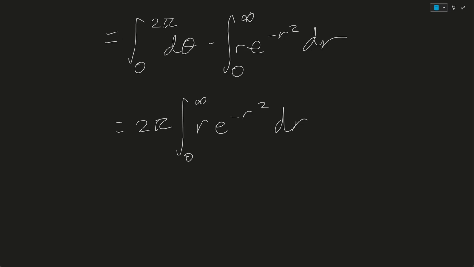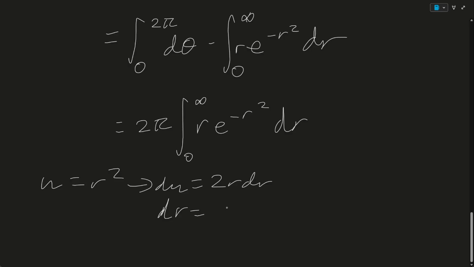And now we need to work out how to actually come up with a solution to this. This factor of r gives us the perfect integrand. So we're going to do a u sub. u equals r squared, du equals 2r dr, so dr equals du over 2, that's r dr equals du over 2.